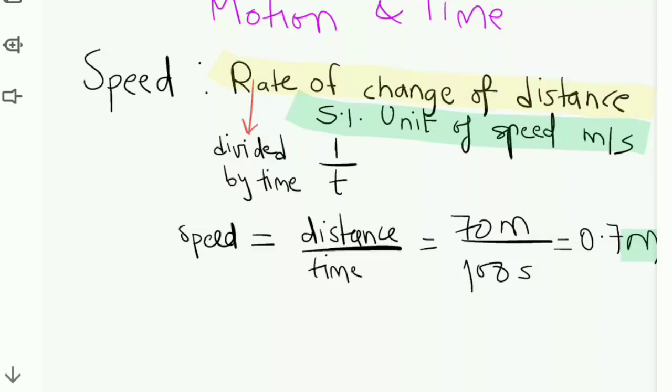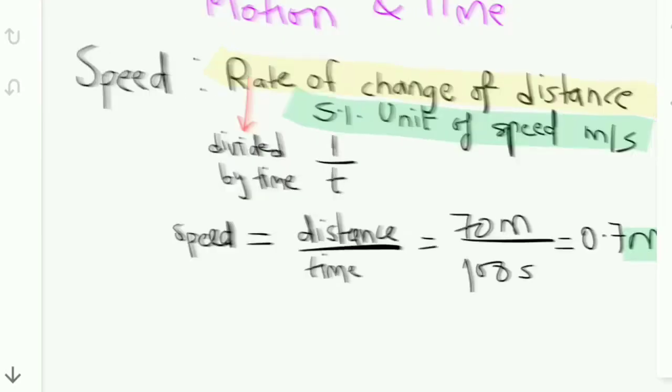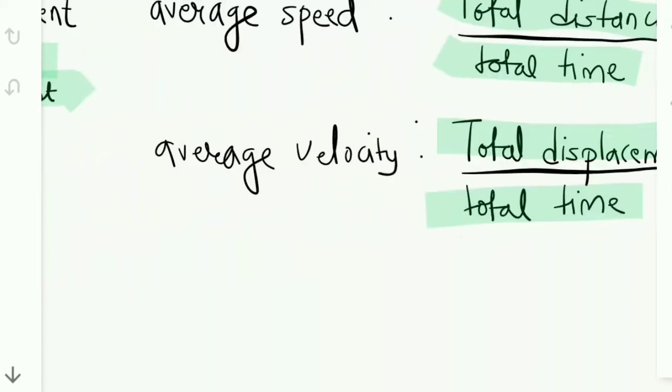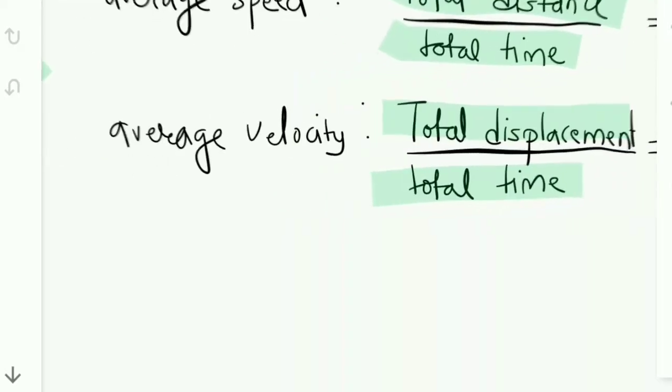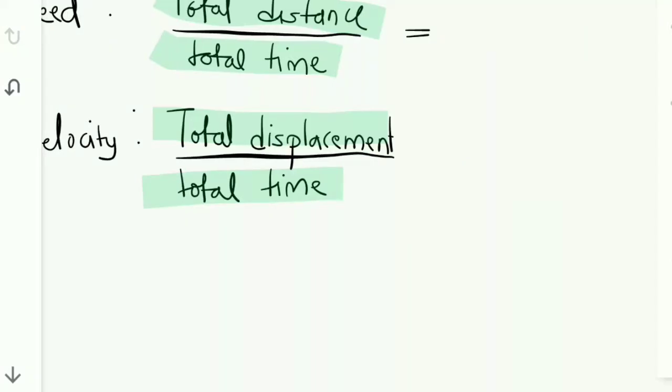Now speed is distance by time. So what would be the average speed? Correct. Average speed is total distance by total time. And similarly, average velocity would be total displacement upon total time. So putting our total distance and total time values here, we had 140 meters and 140 seconds.